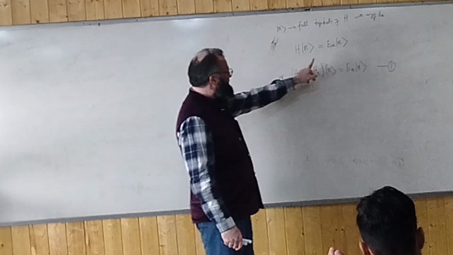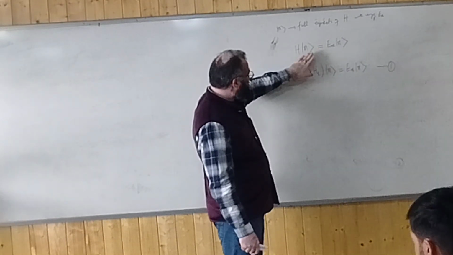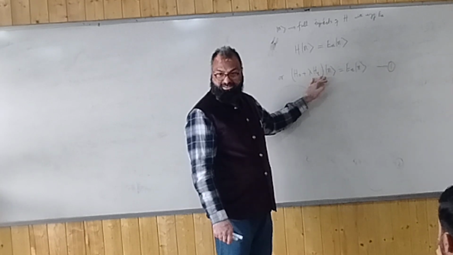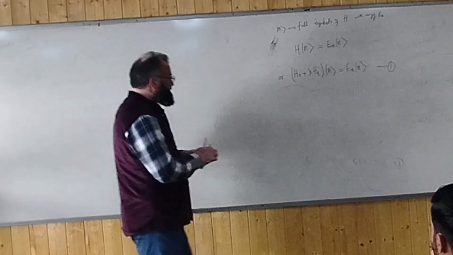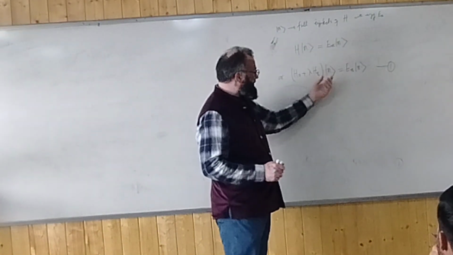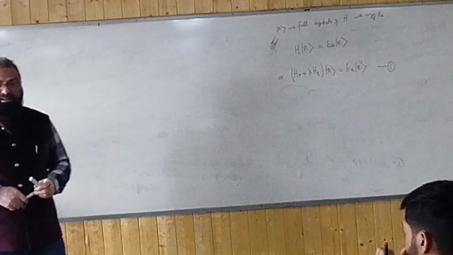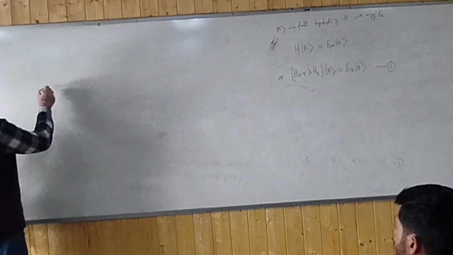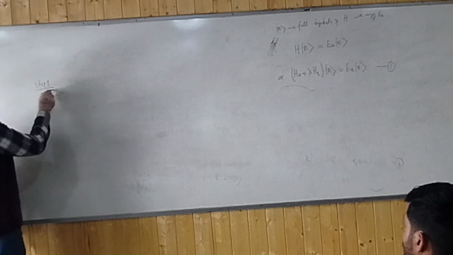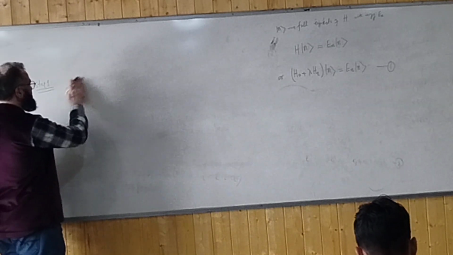Look here. This En will depend on this lambda, and |n> will also depend on lambda. So the first step is to expand this energy as well as these eigenkets as a power series in lambda, a Taylor series expansion.